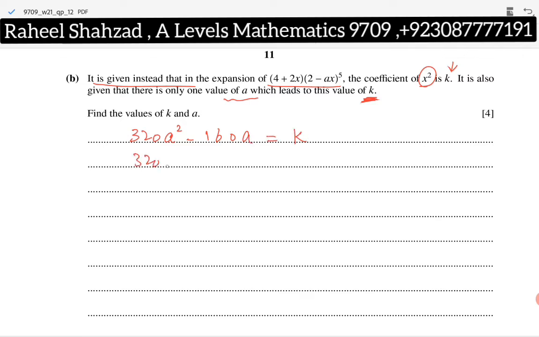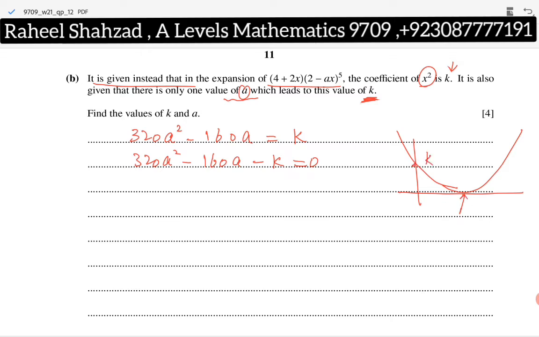So it is 320a square minus 160a minus k is equal to 0. Now they say for this quadratic there is only one value of a which leads to this value of k. K is, by the way, in any case the y-intercept. So if there is only one value of a, that means this quadratic curve may touch the x-axis at only one point, and this will be the value of k.